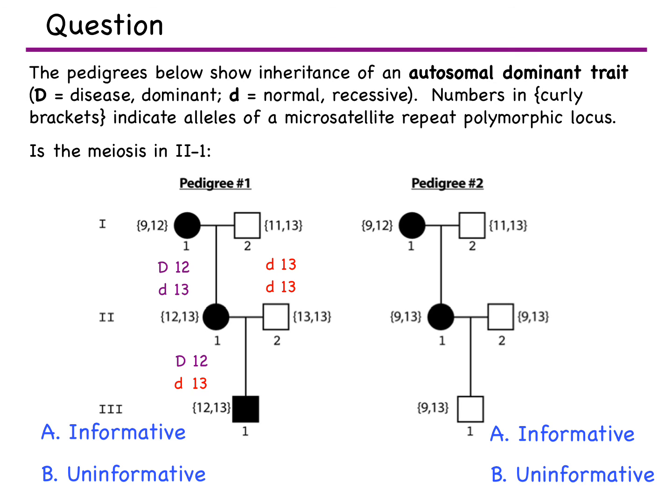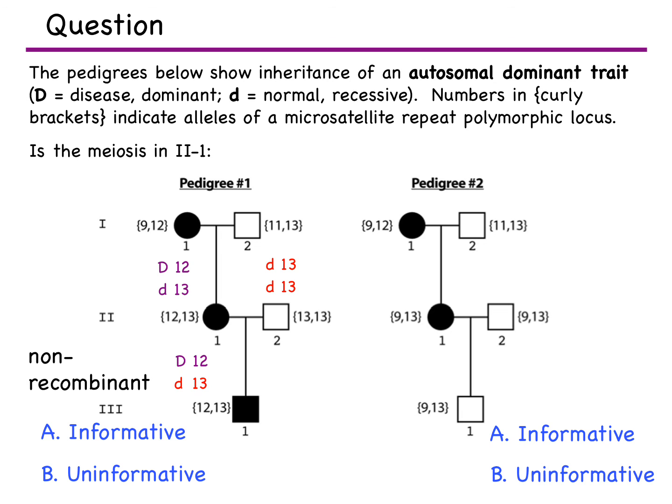That person has also inherited the 12 allele that must have come from individual 2-1, and the other chromosome must have come from individual 2-2. Since individual 3-1 has inherited the disease and allele 12, based on the parental type in 2-1, that must be a parental combination of alleles. And so that's an informative meiosis. When I say parental, that means the same thing as non-recombinant.